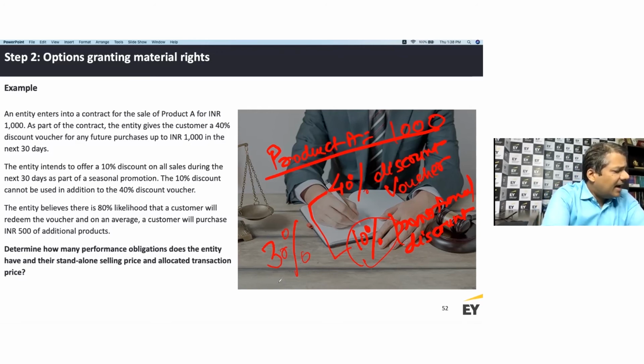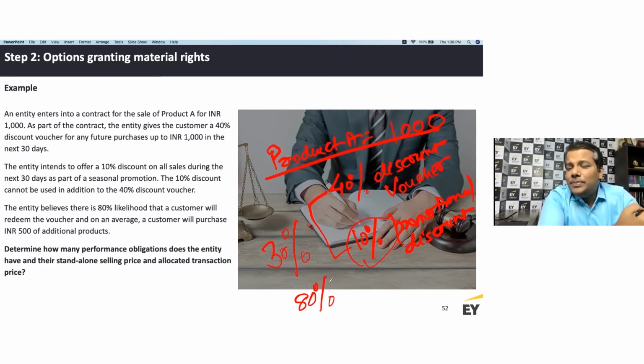I believe there's an 80% likelihood that those who buy 1,000 rupees worth of goods today will avail this discount for up to 500 rupees. So there are multiple estimates and assumptions provided as part of the fact pattern. The question to you is, how many performance obligations do we have, how do I determine the standalone selling price, and what is my allocated transaction price?